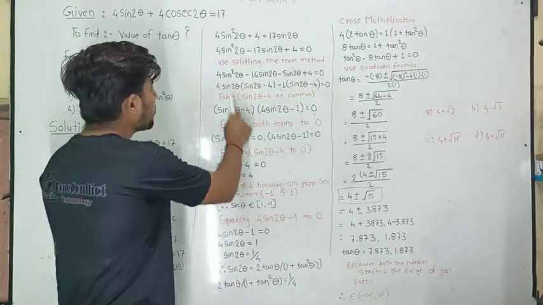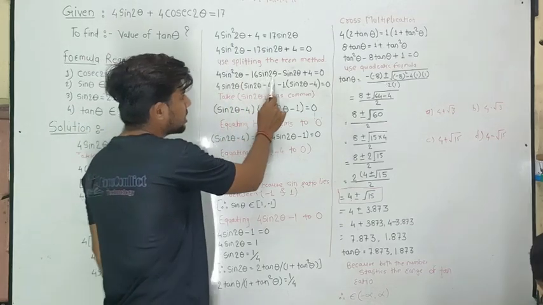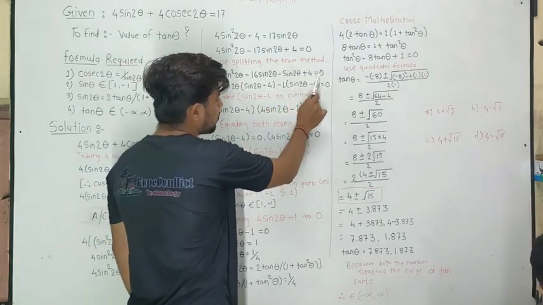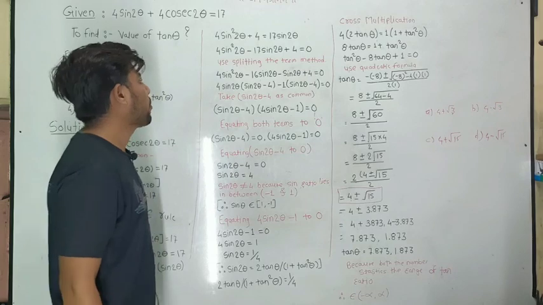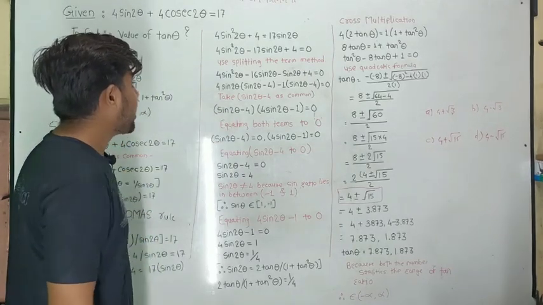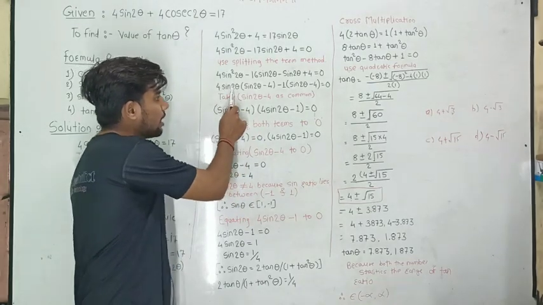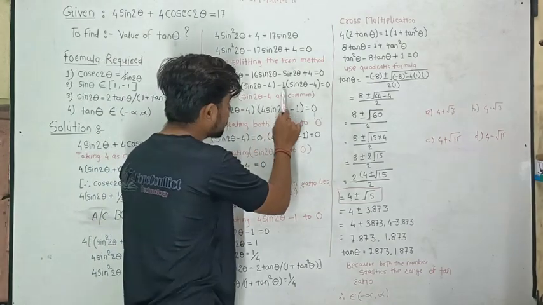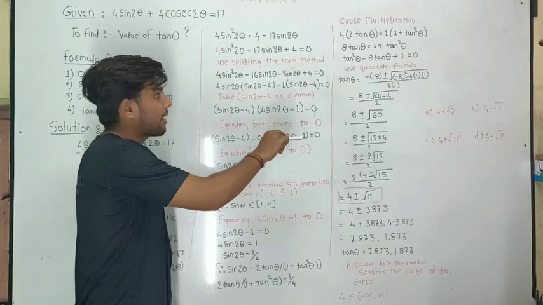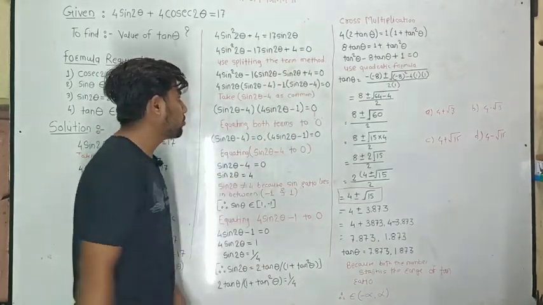So we got 4 sin⁴ theta minus 16 sin² theta minus sin² theta plus 4 is equal to 0. Now here we take the 4 sin² theta as common. So we got 4 sin² theta in bracket sin² theta minus 4, minus 1 in bracket sin² theta minus 4 is equal to 0.